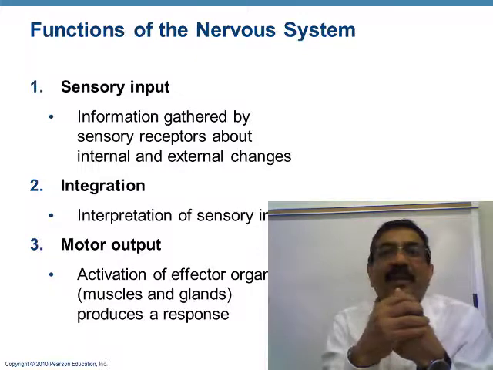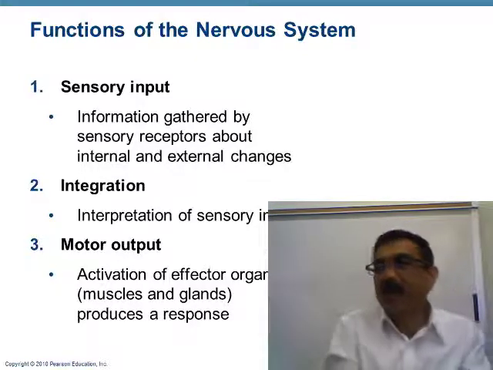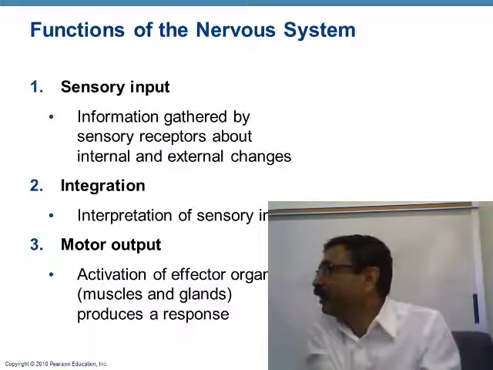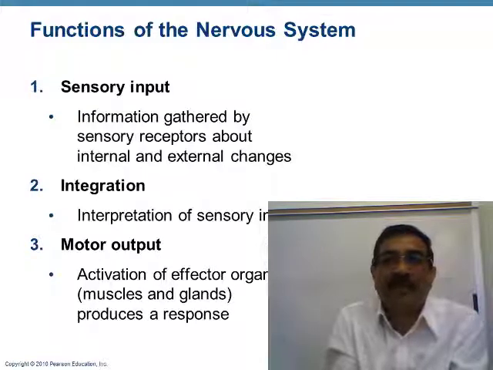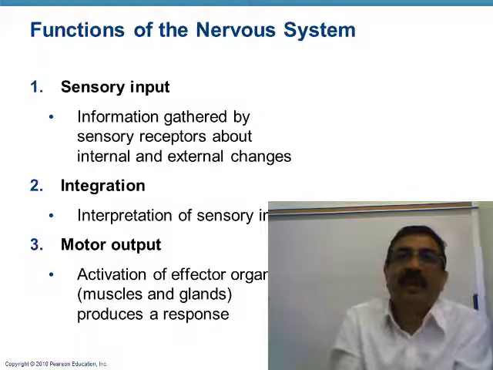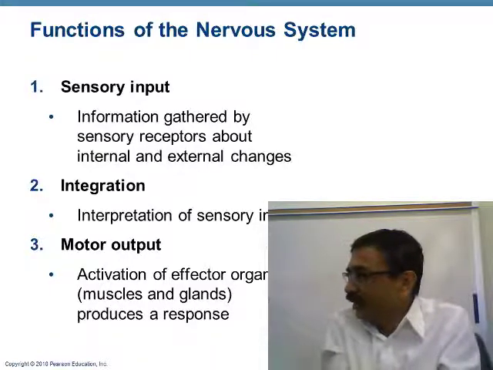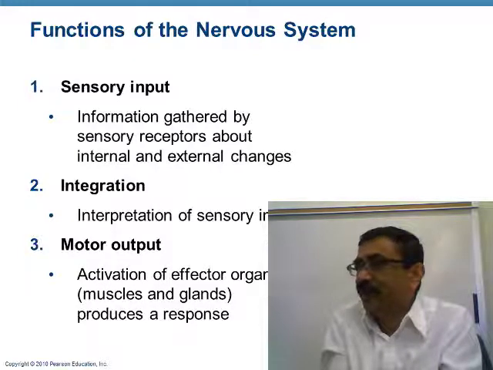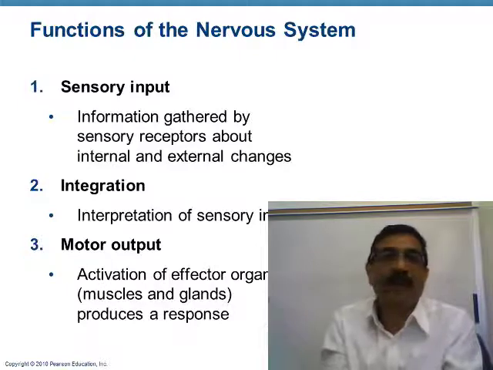But for our convenience, we can divide all those functions into 3 groups or 3 types of functions: sensory input, integration, and motor output. So all the functions can be grouped into those 3 types: sensory input, integration, and motor output.